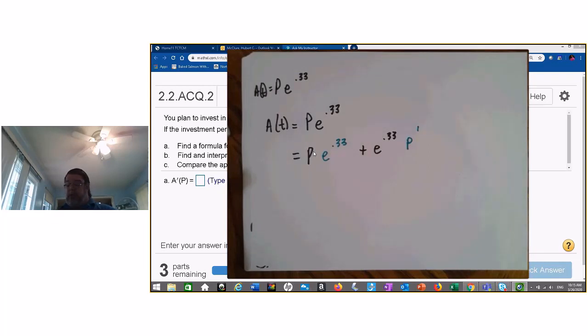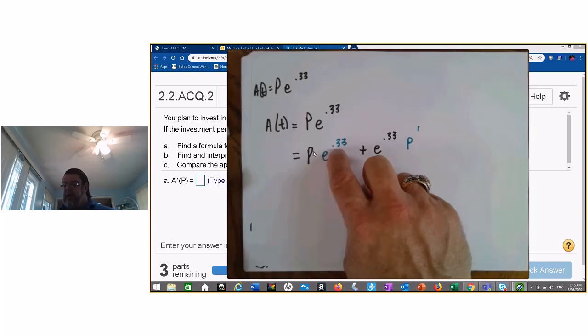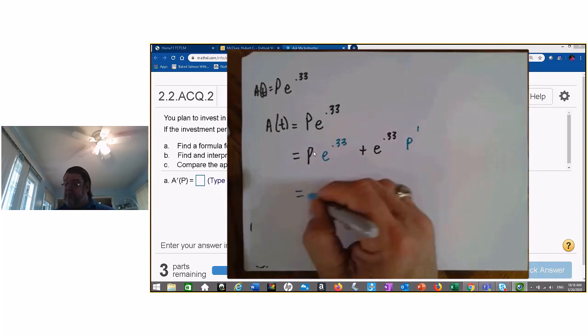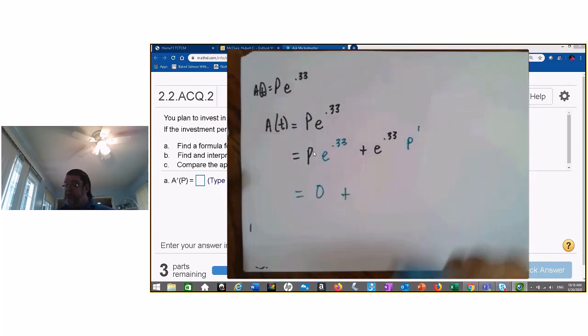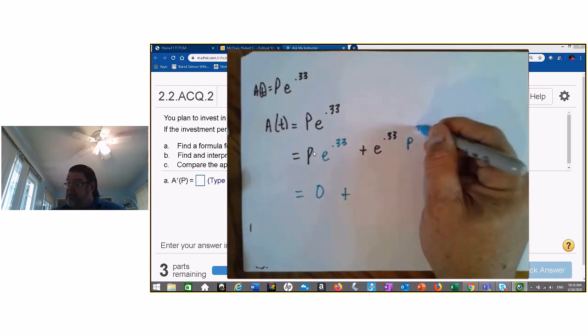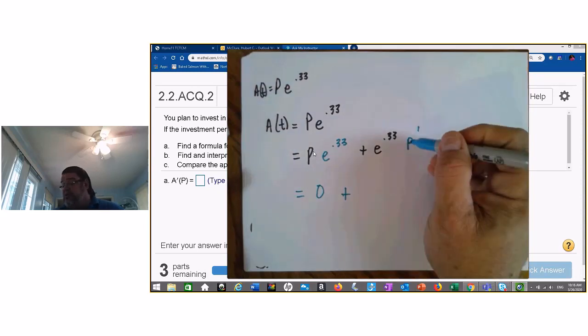Okay, what is the derivative of e to the 0.33? Well, e to the 0.33 is a constant. So that means the derivative of that is 0. 0 times P is 0, so that goes to 0, plus the derivative of this, which is P. Well, if it's not a constant, you could say it's 1.